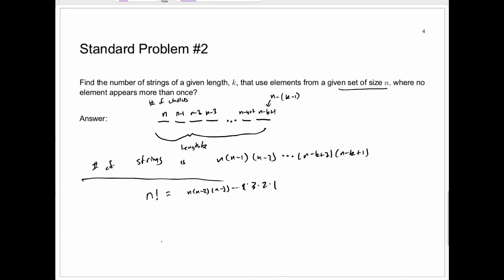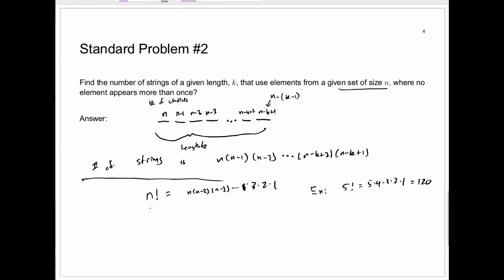You go from n all the way down to 1. So you have this product of numbers. For example, 5 factorial is 5 times 4 times 3 times 2 times 1, which is 120. You should become familiar with the different factorials.